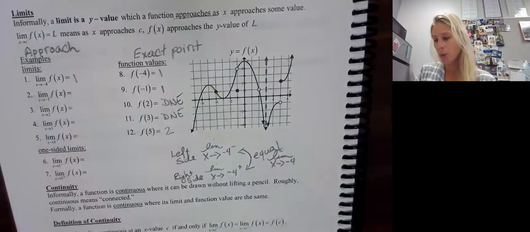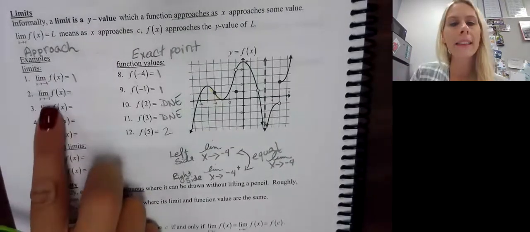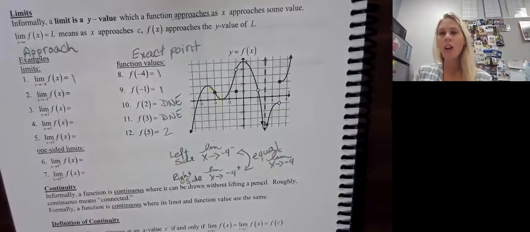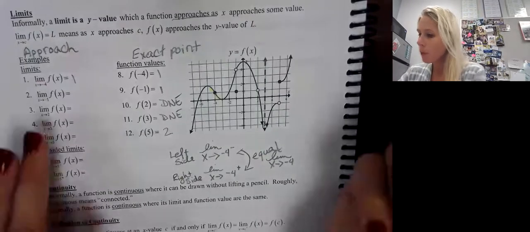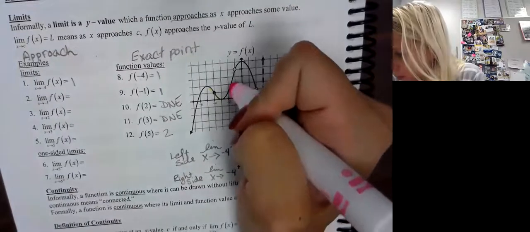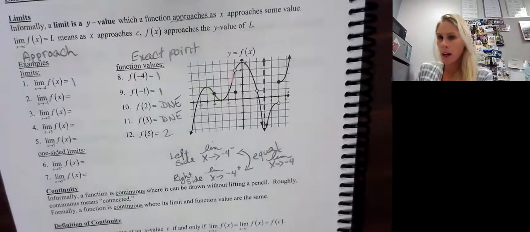Here is the issue with number 2 here. We're asking as x approaches -1. So if we are to follow our graph, and I'm going to use a different color, and we're approaching from the left side, I'm right here.